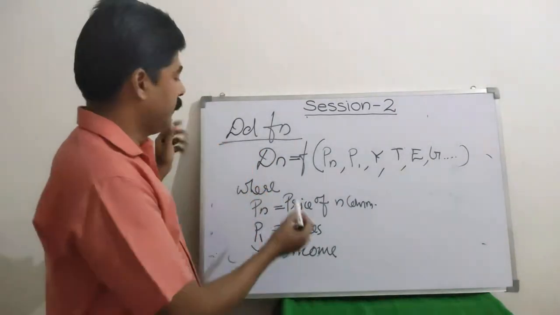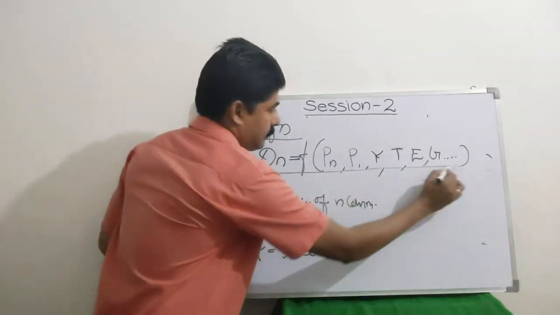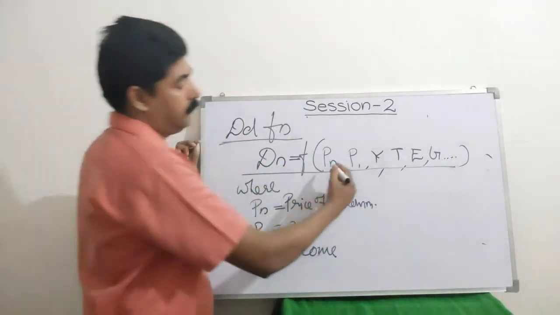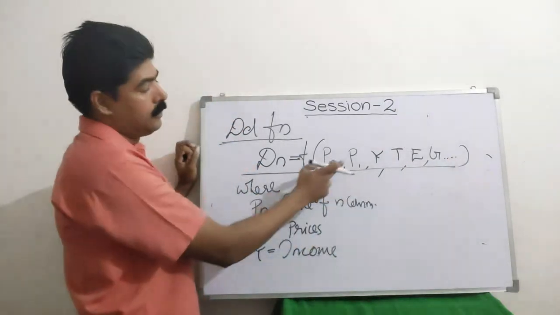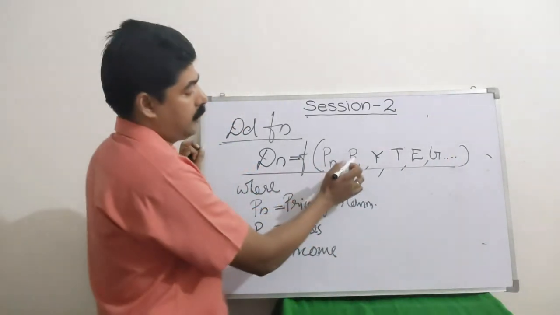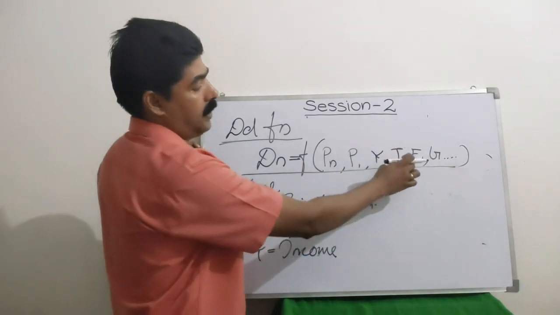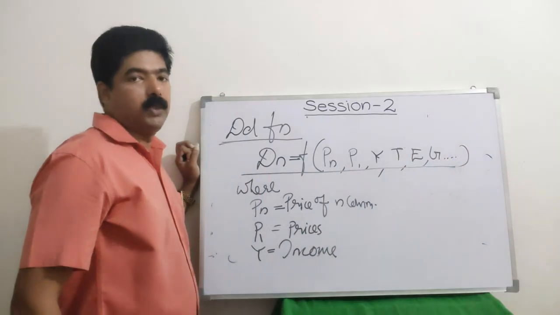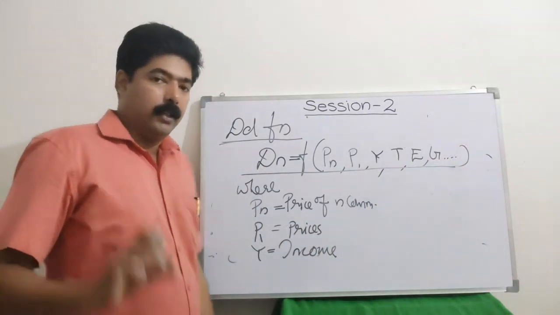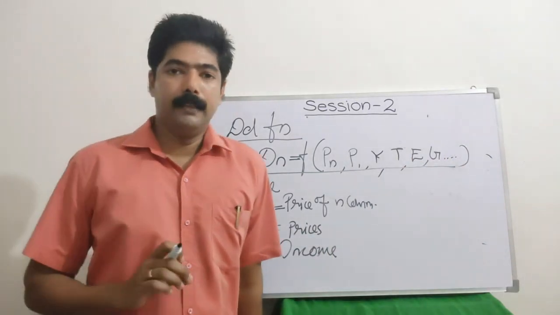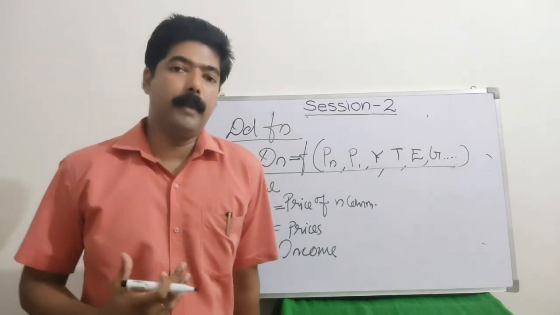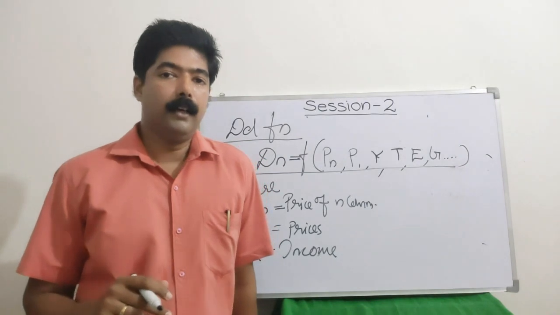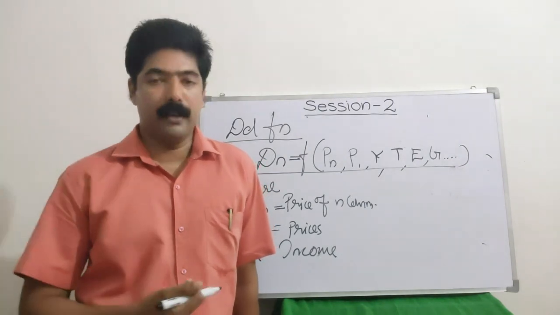So we have written it symbolically like this. The demand function is a function of these things: various prices of n commodity, income, taste, expectations, government policies, etc. So today we have discussed the determinants of demand, what the determinants of demand are and why they are called determinants of demand, then demand functions.